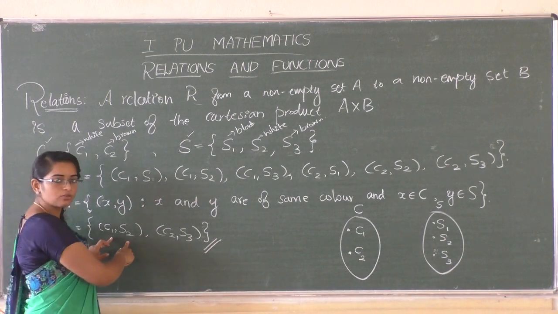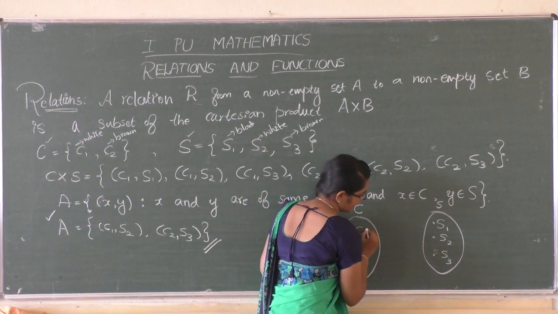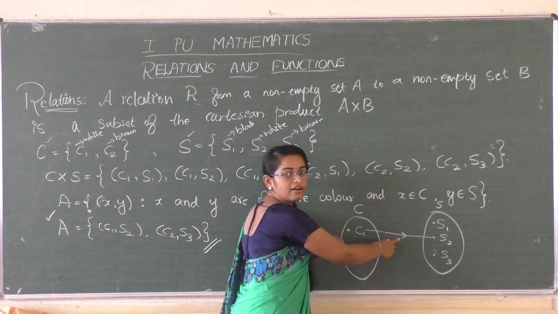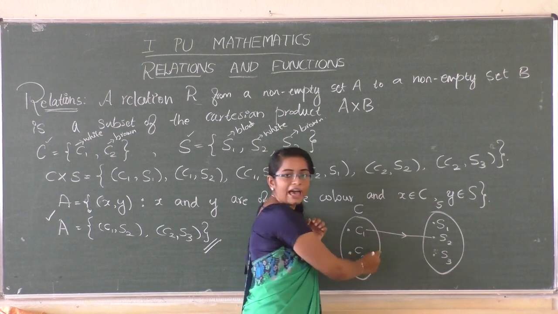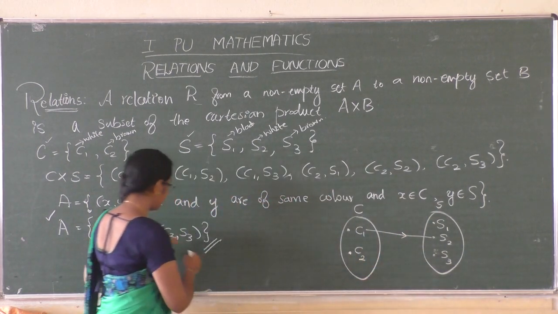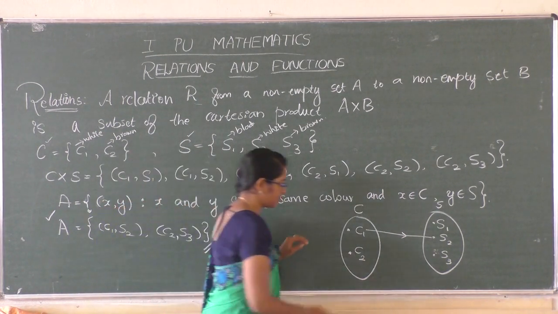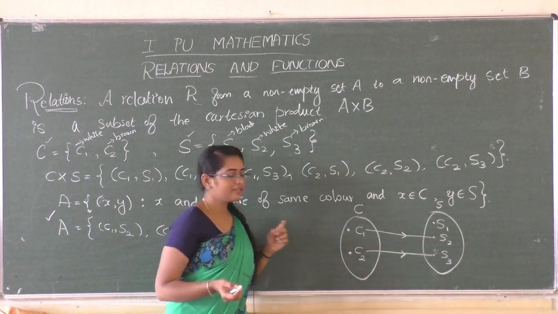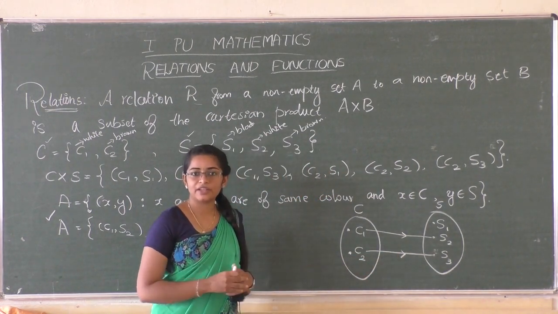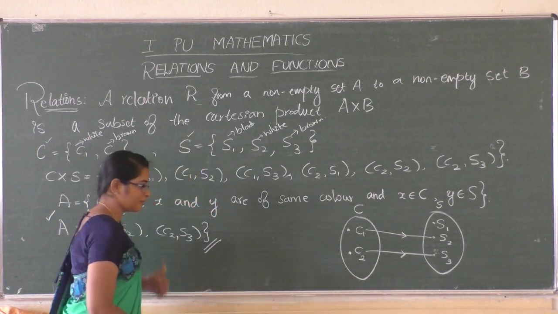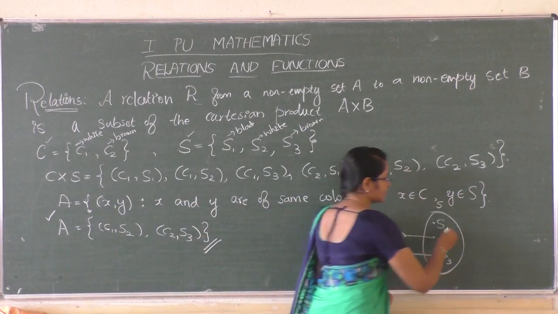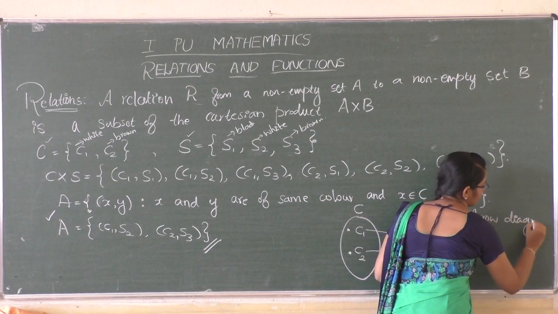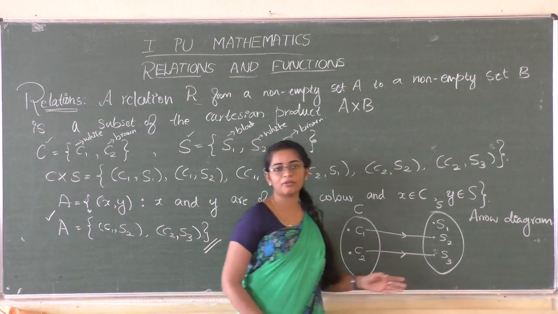C1 is linked to S2. C1 is related to S2, I am representing this with the arrow mark here, and C2 is related to S3. This is the visual representation of the relation A. Okay, what do we call this? This is known as arrow diagram. Understood? This is the arrow diagram of the relation A.